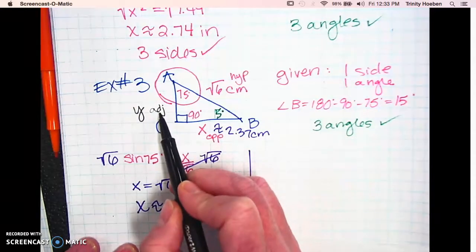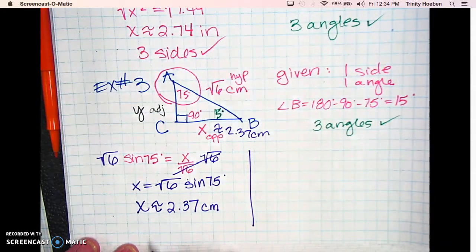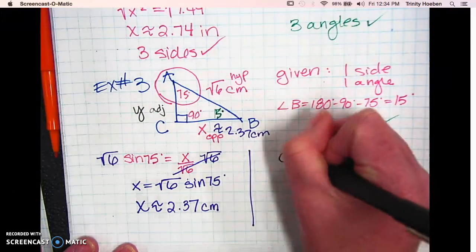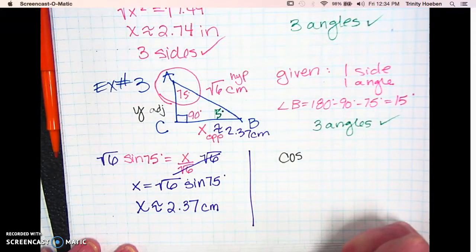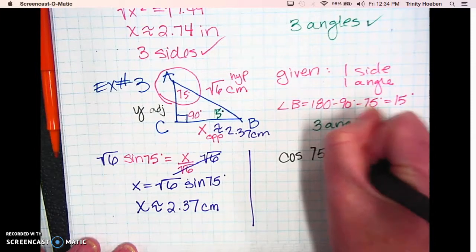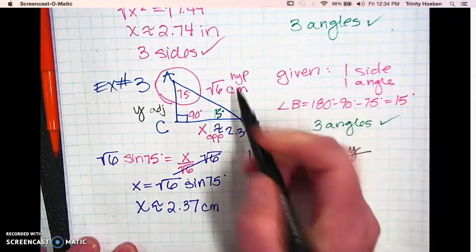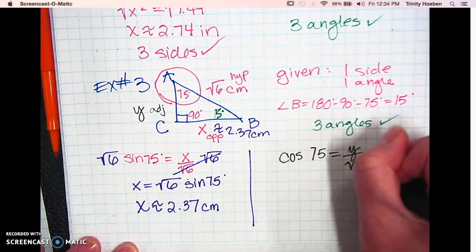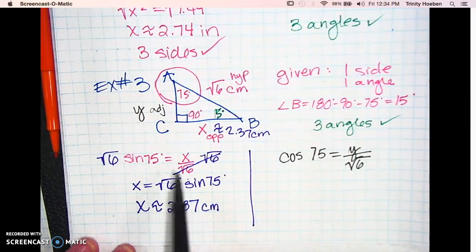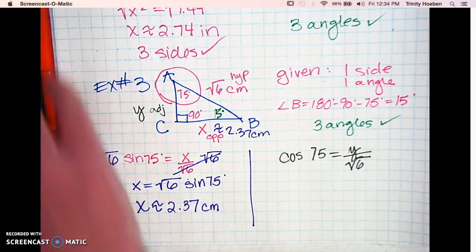So which trig function uses adjacent and hypotenuse? Cosine. Cosine of 75 degrees is equal to the adjacent, which is y, over the hypotenuse, which is the square root of 6. And it looks almost the same as over here. I'm just using cosine instead of sine, right?